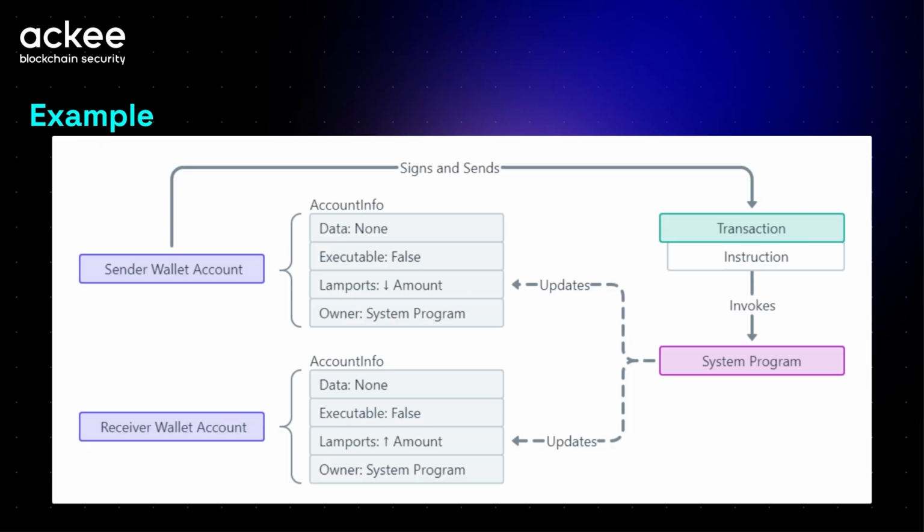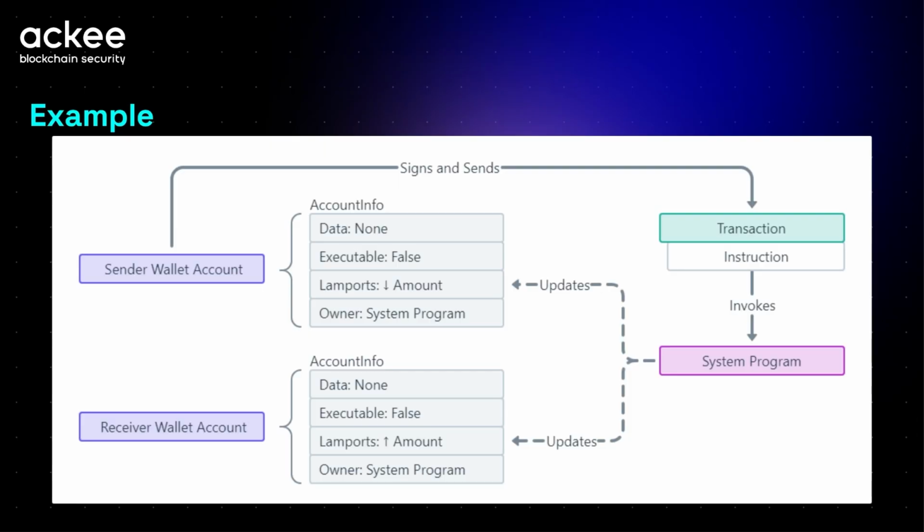It has to correctly dispatch the inputs, because the system program also has its own entry point, and the transfer function updates the lamports in the sender wallet and also in the receiver wallet. This is indicated by the arrow pointing down or up in the lamports field of the sender or the receiver.